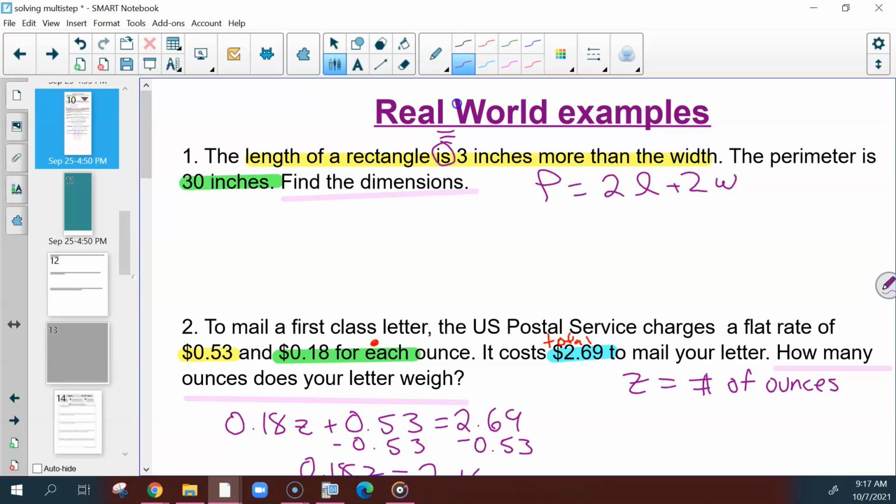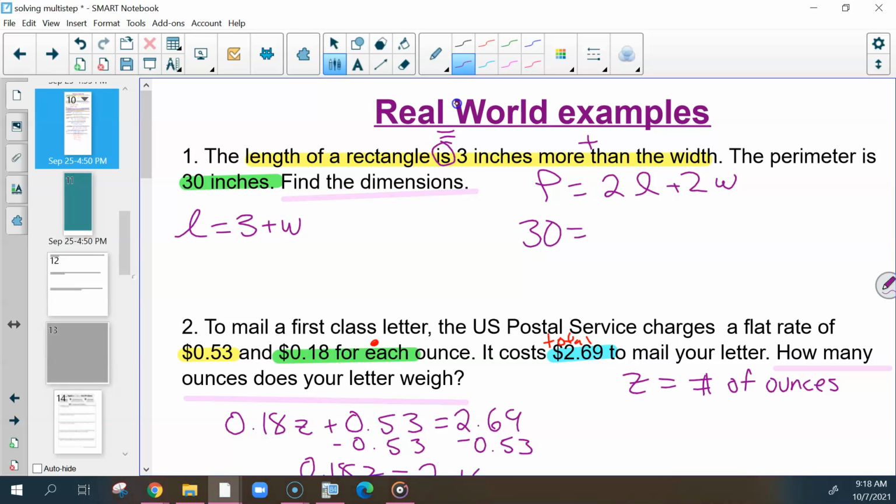What operation are we using there? So I can say that my length is 3 plus W. We know that much from what it gave us. Then we know that our perimeter is 30 inches. So we can set this equal to 30.